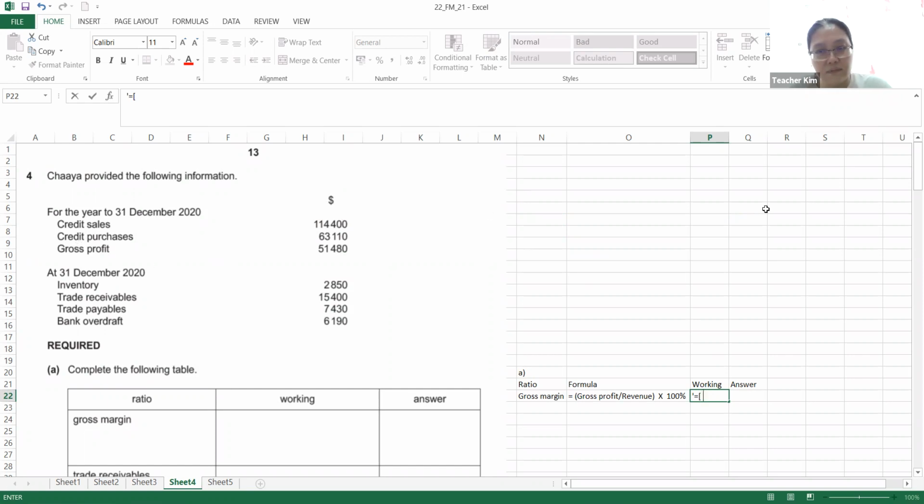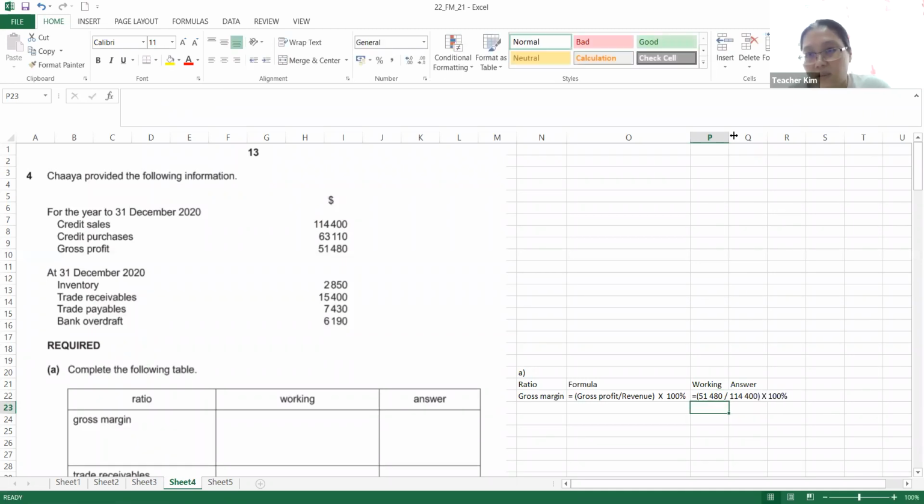Here the gross profit is 51480 divided by credit sales 114,400, and then times 100%.